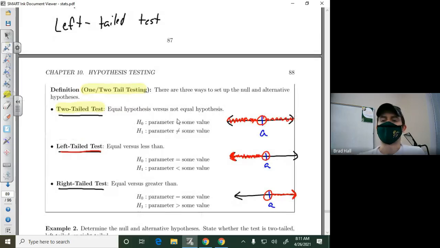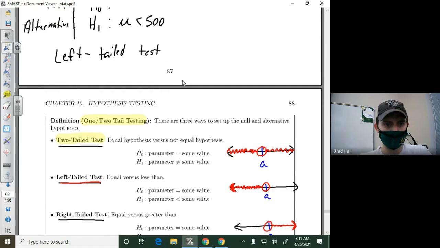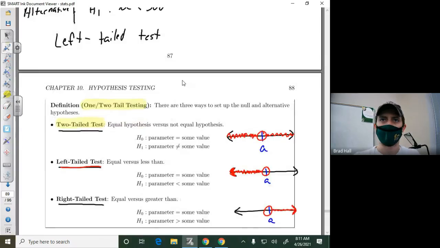Again, it's just some association based off of the symbolism that we obtain in the statement of our hypotheses. And this is normally characterized by whatever inequality symbol you use for the null or the alternative hypothesis.